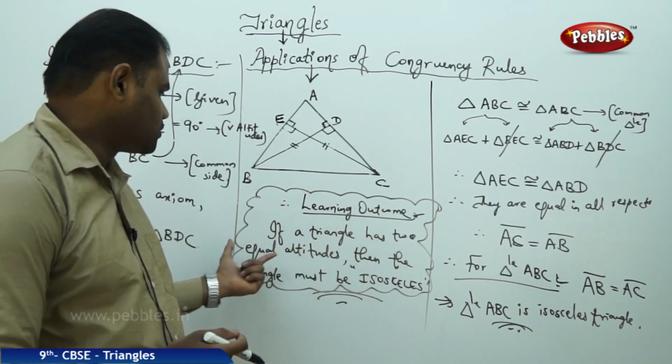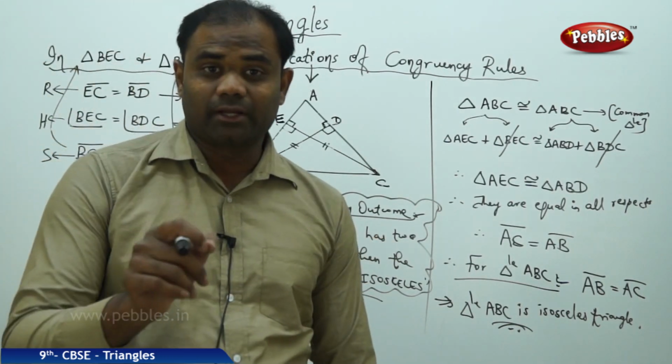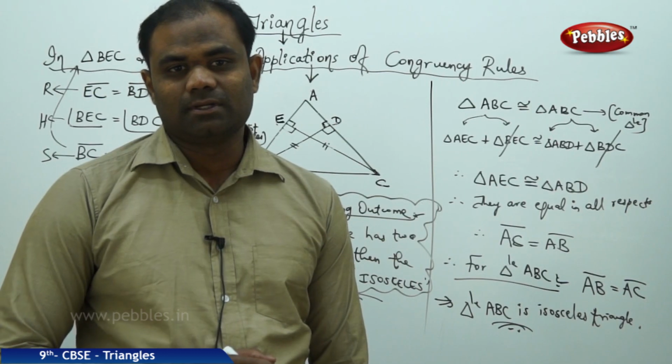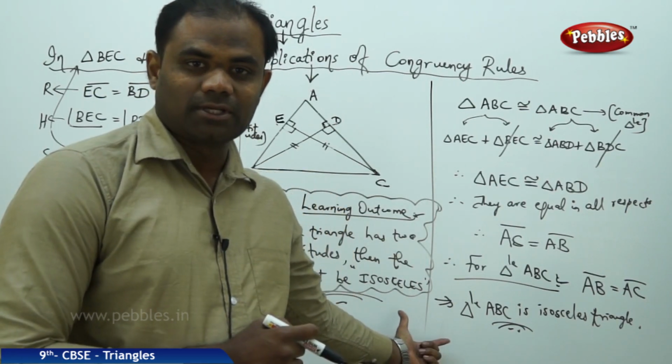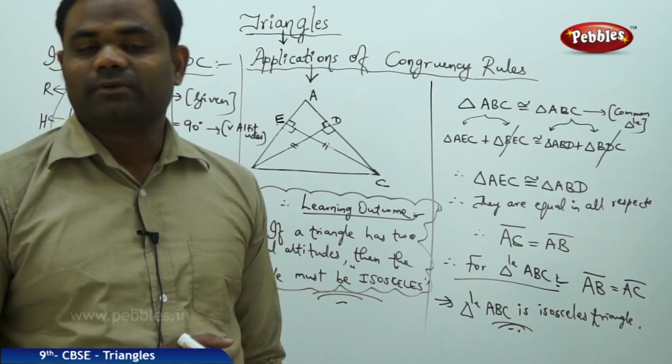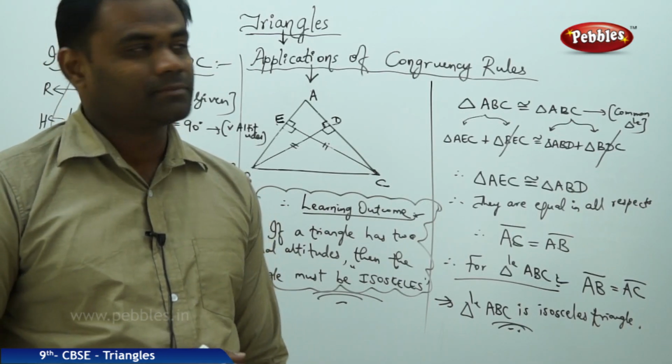If a triangle has two equal altitudes, then the triangle must be isosceles, and this can be proved using congruency rules, what we have learned in the previous session.